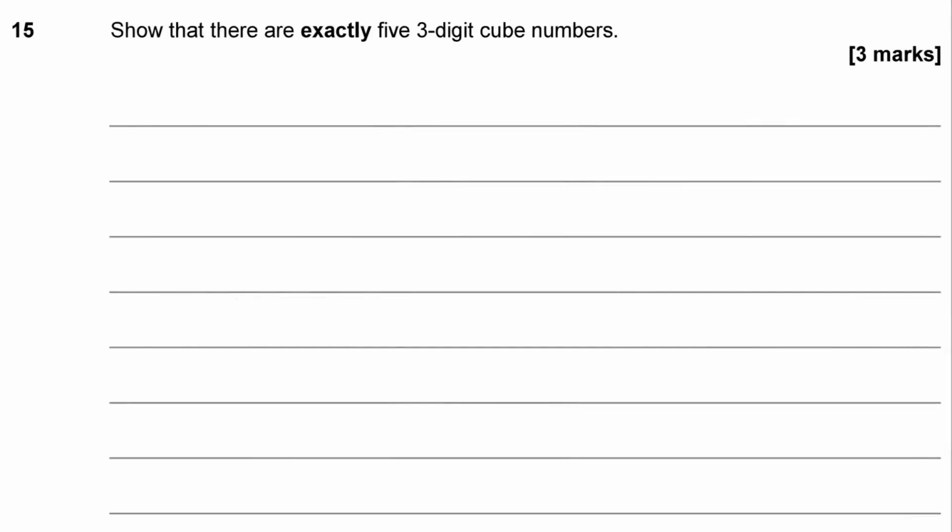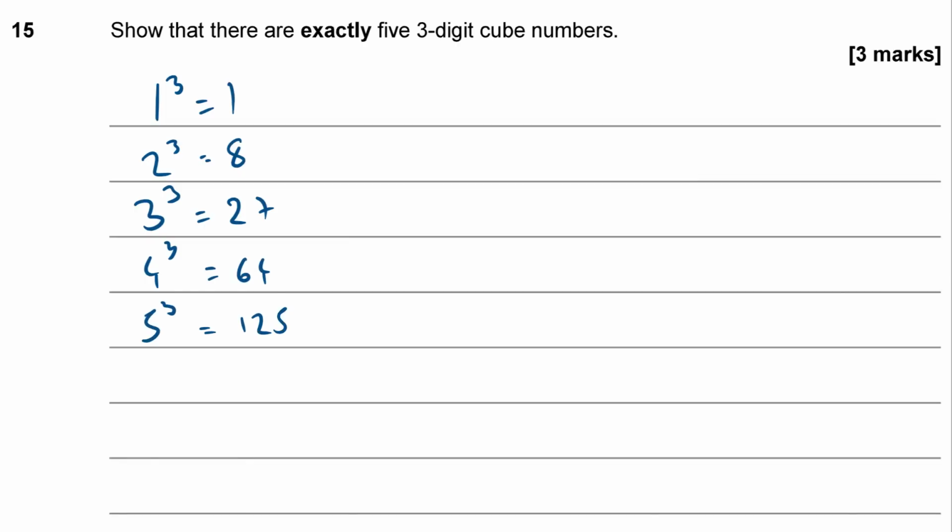Question 15. Show that there are exactly 5 3-digit cube numbers. Now, I would recommend for your exam that you remember the first few cube numbers, probably up to 10, but certainly the first 5. 1 cubed is 1, 2 cubed is 2 times 2 times 2, which is 8. 3 cubed is 27, 4 cubed is 64, and 5 cubed is 125.